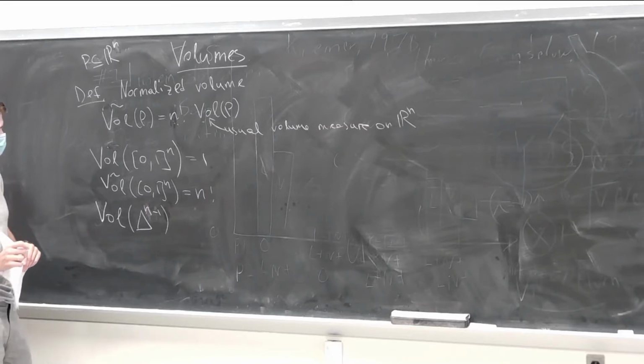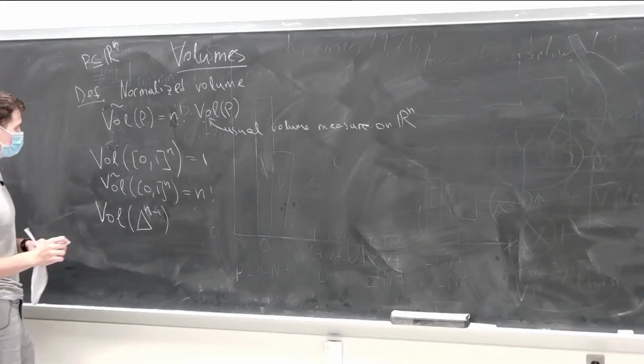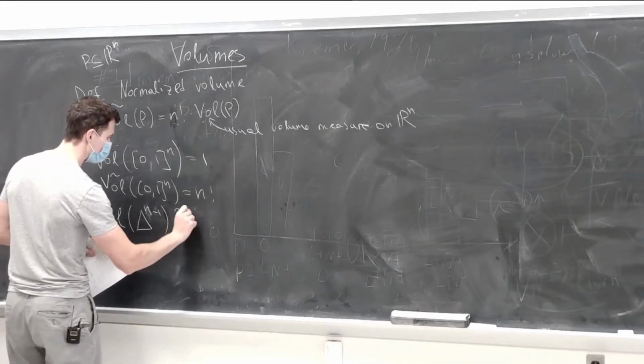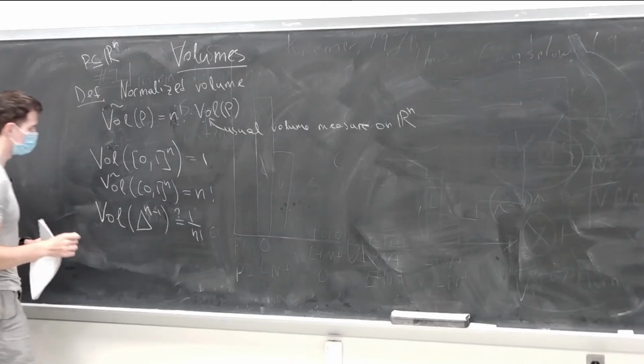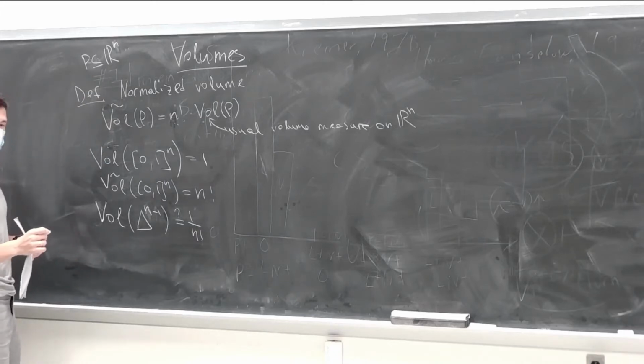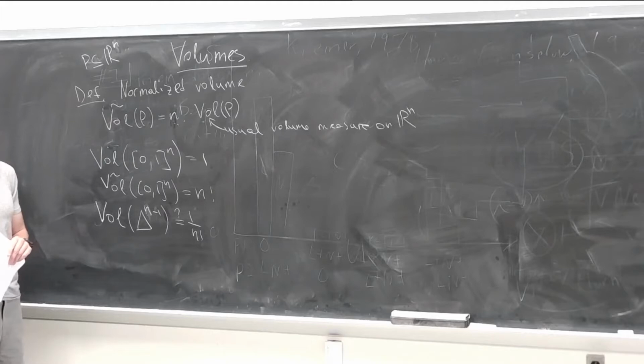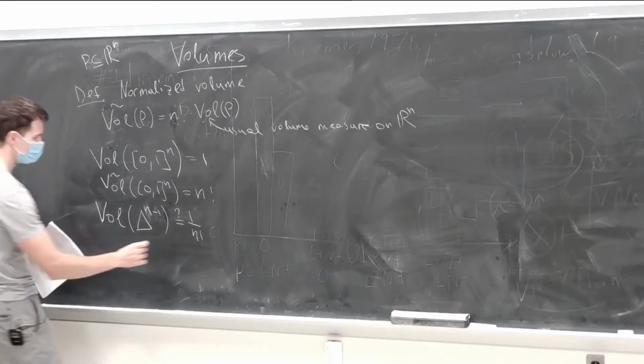One over n factorial? That's interesting. Any other versions? Yeah, maybe this is 0.